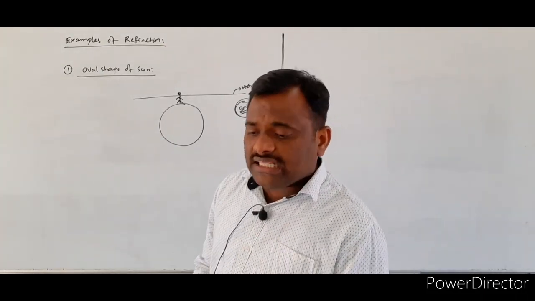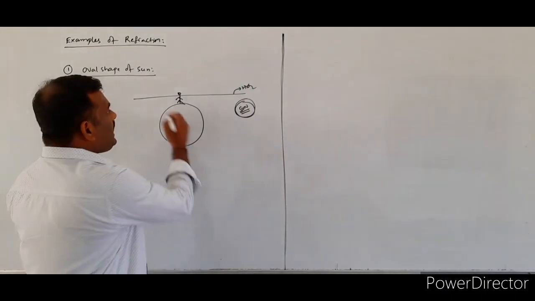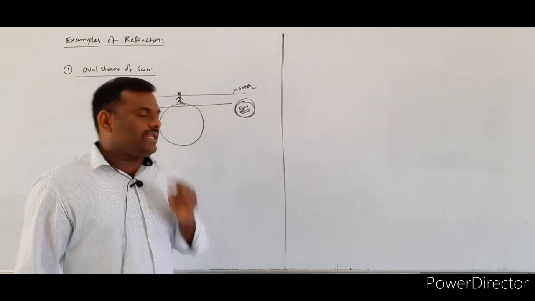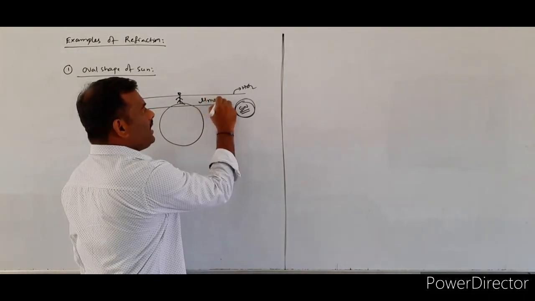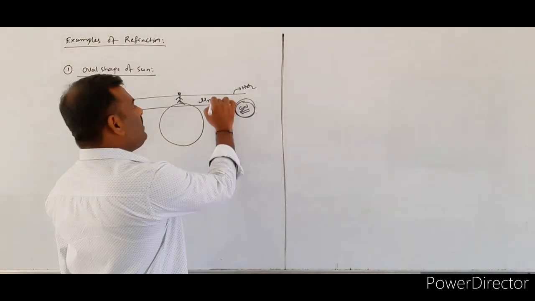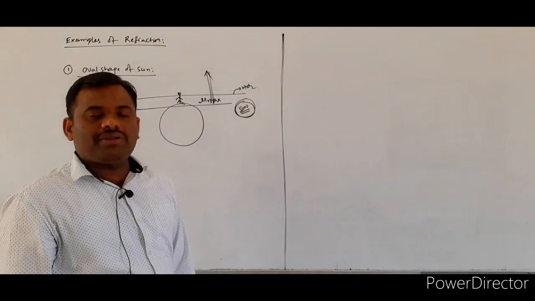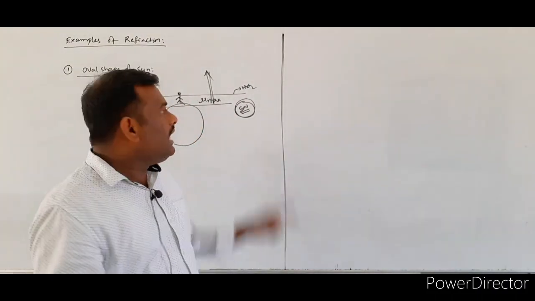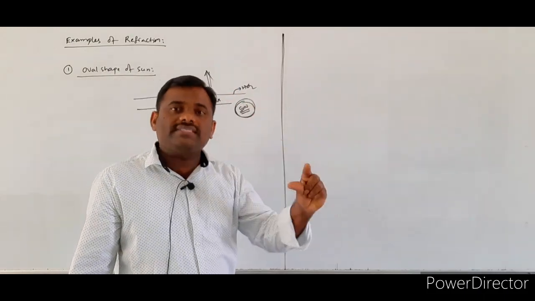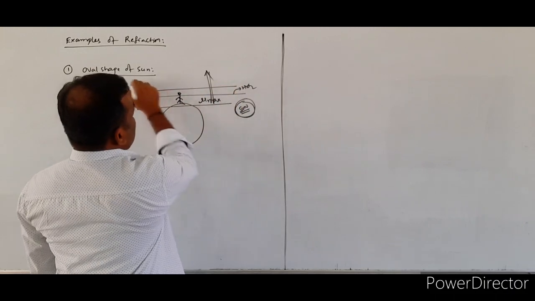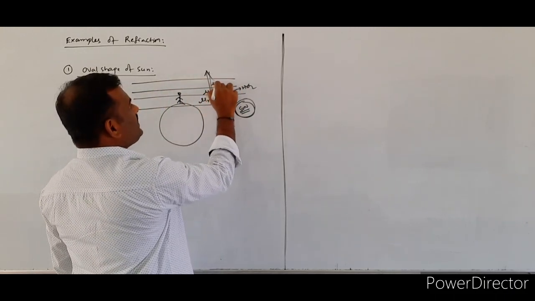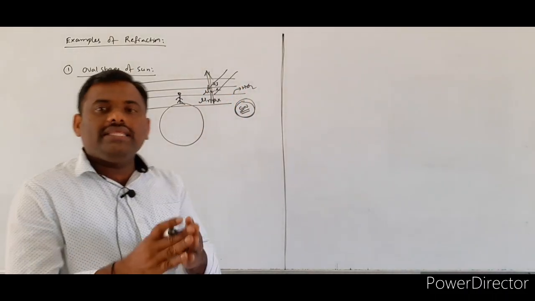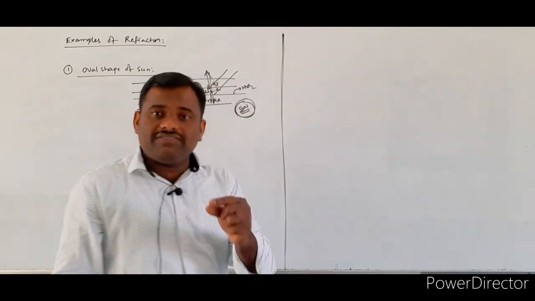Nearer to the Earth's surface, the refractive index of the atmosphere will be the maximum. While you are moving away from the Earth's surface, the refractive index value of the atmosphere changes. Because of that, different layers of the Earth's atmosphere have different refractive indices, so the light rays traveling through these layers undergo different refractions.